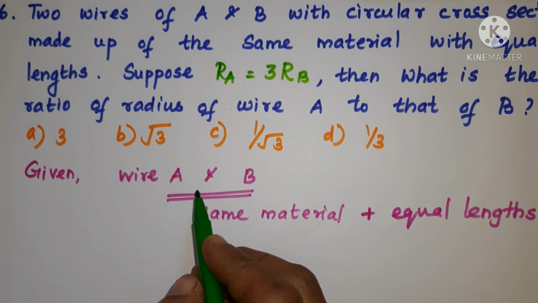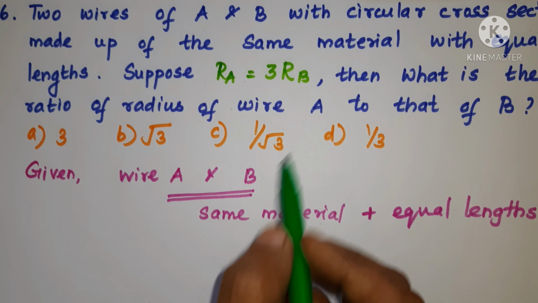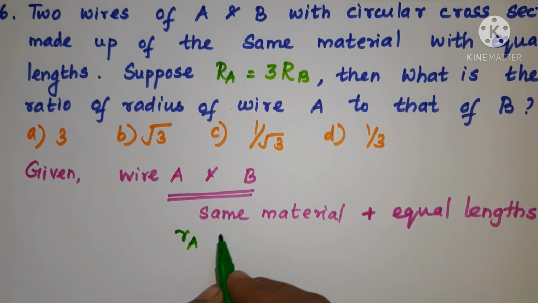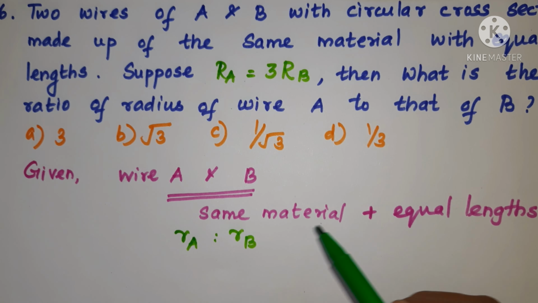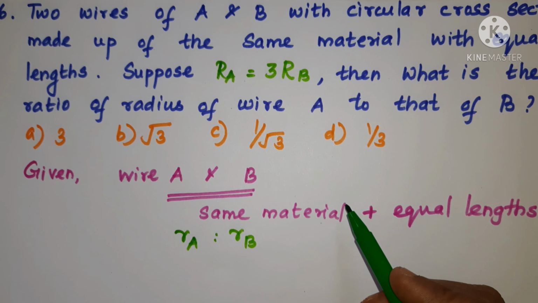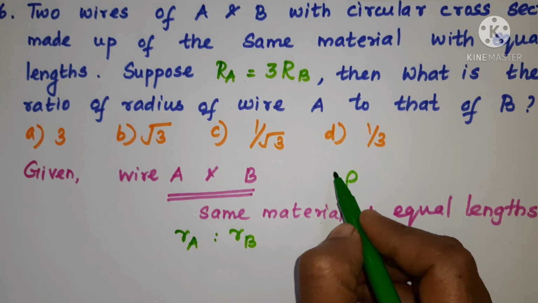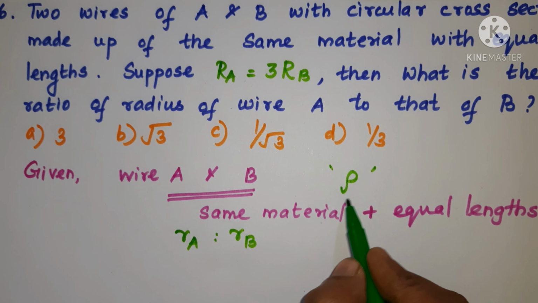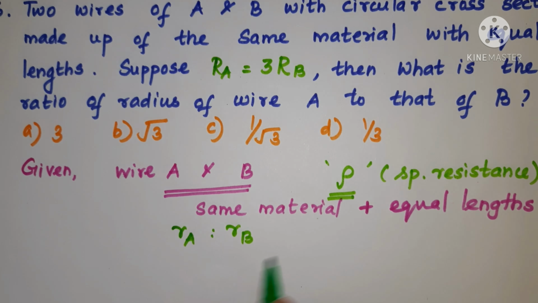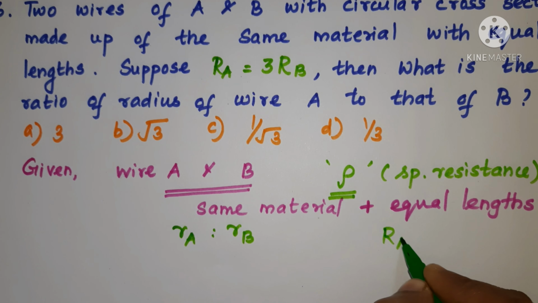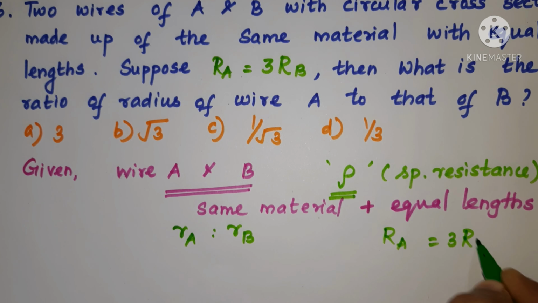We have to find the ratio of the radius of wire A to that of wire B. Since both the wires are made up of the same material, we have to keep in mind their specific resistance or resistivity seems to be constant. And also it's given that RA is equal to 3 times of RB.